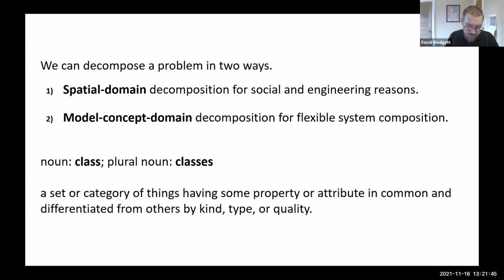Okay, so to do that in a precise way, we need to decompose this problem, and we need to do a little bit of informatics and hydroinformatics in this context. For most spatial informatics problems, we tend to decompose the problem in two ways: using some kind of spatial domain decomposition, which in our context in water science is often for social or engineering reasons, right?